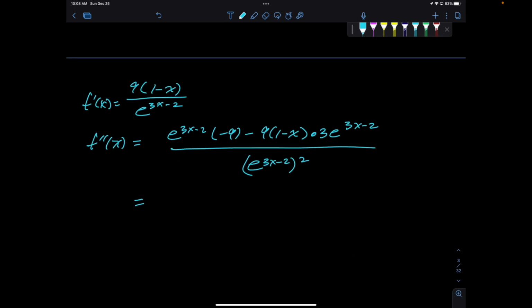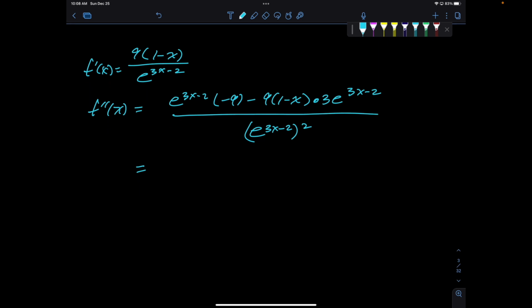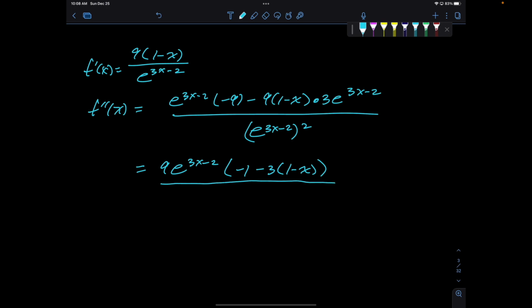All right, we can take out 9. I'm going to take out 9 e to the 3x minus 2, which gives me negative 1. I'm going to write minus 3 and then 1 minus x because I'm a little worried about how many negative signs are going on here.